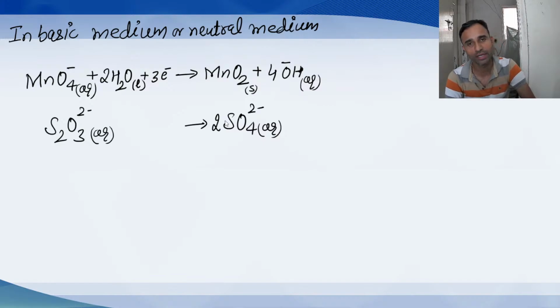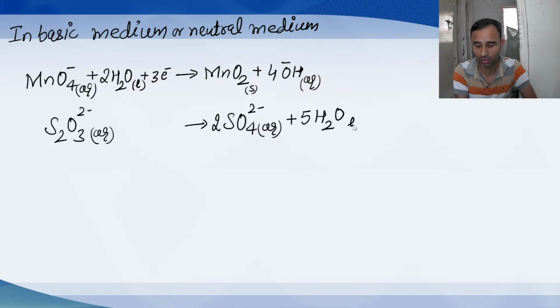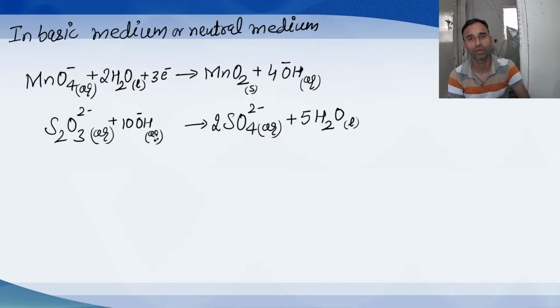On the left side there are 3 oxygens. So now add 5H2O. We add water on the side excess of oxygen, and there are 5 oxygen in excess on the right side, and double number of OH negative ions on the opposite side.